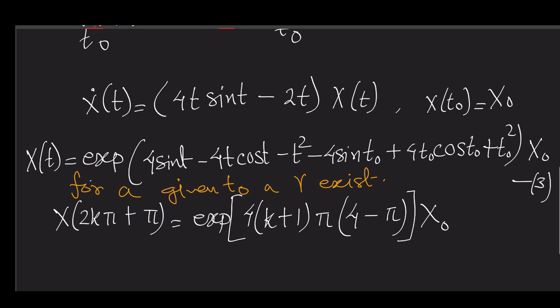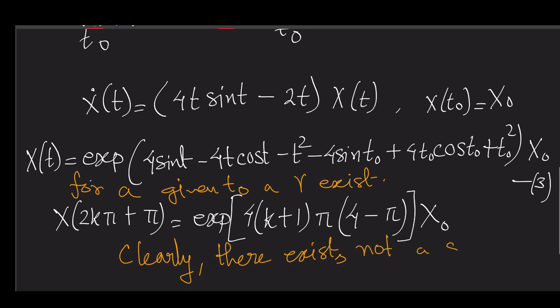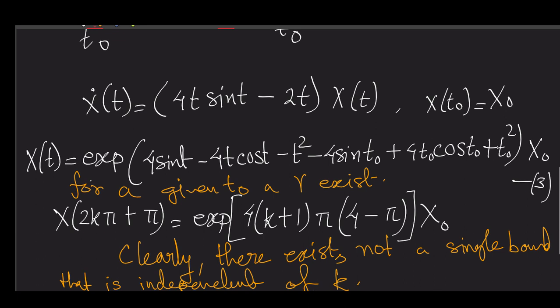So clearly we cannot find a gamma that is independent of k.